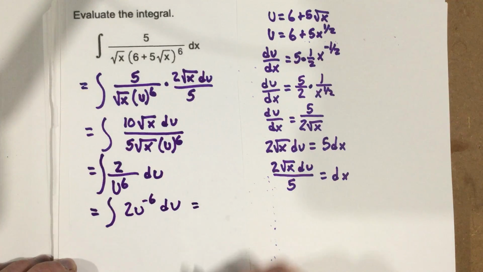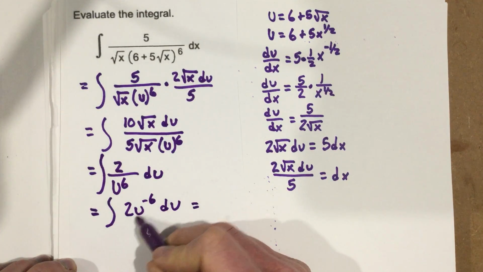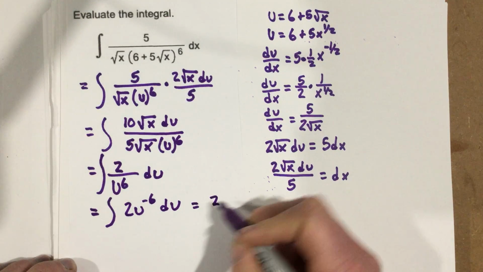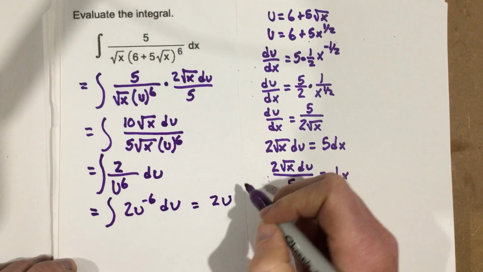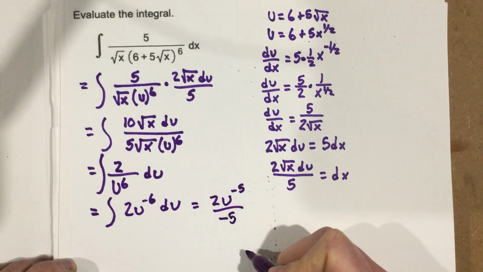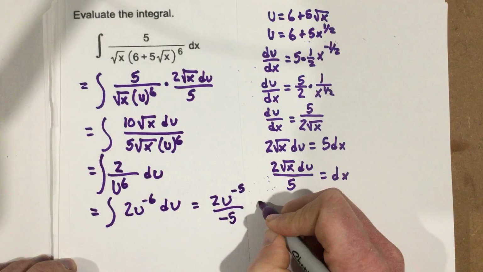And then I can write across here and I'll go, the integral of this would be 2 u, when I add 1 to this, I get negative 5 over negative 5 plus c.